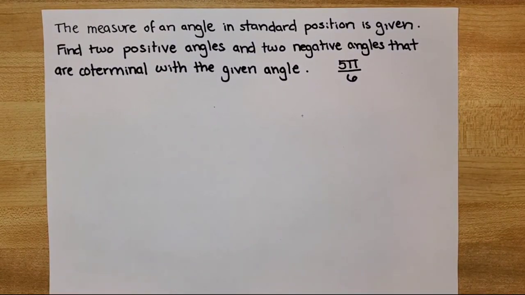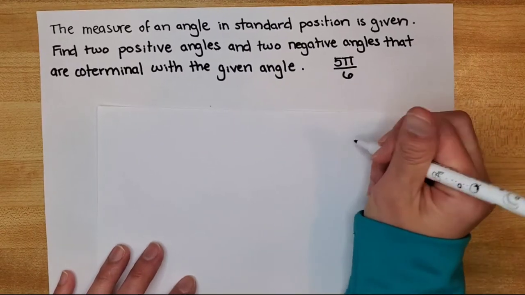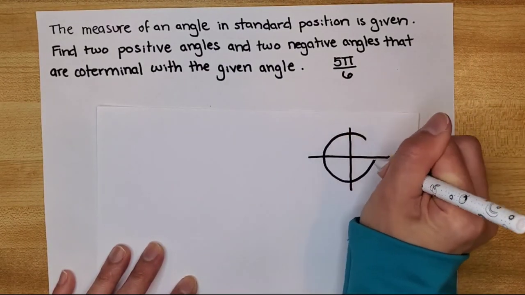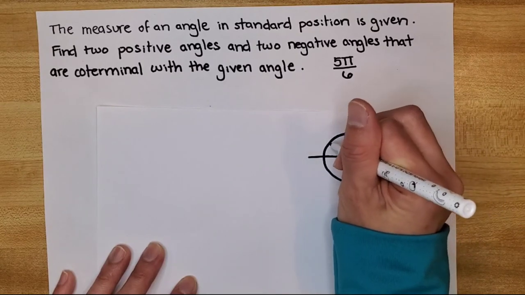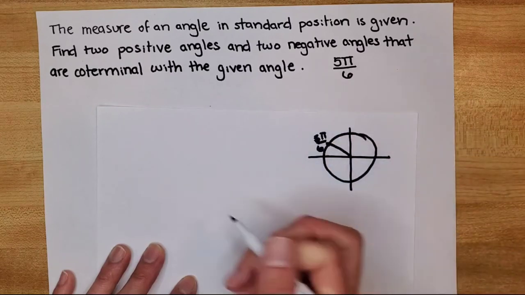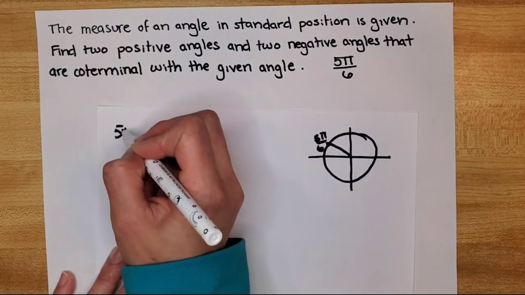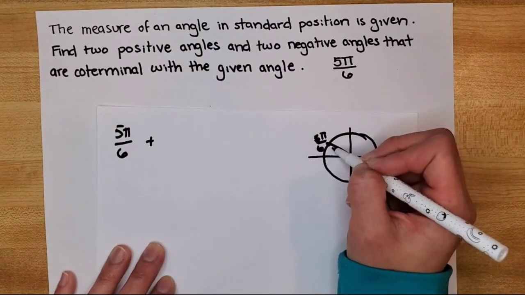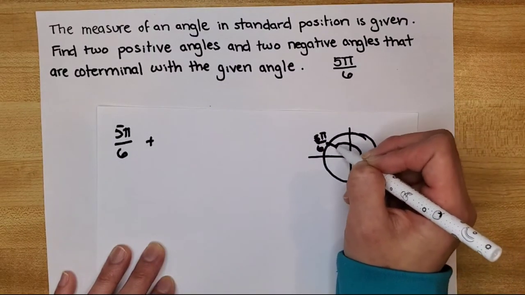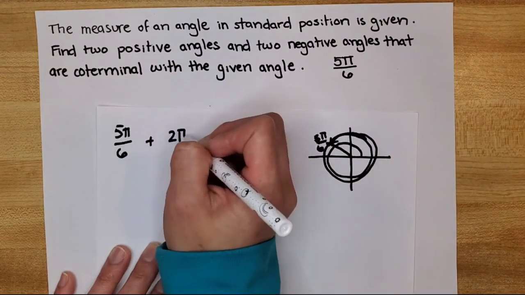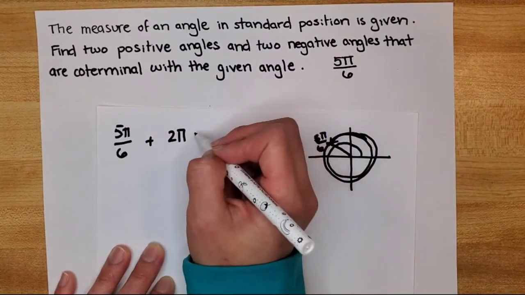Now, when I consider where 5 pi over 6 is on the unit circle, we can just quickly draw the unit circle right here. 5 pi over 6 is going to exist somewhere around here. Now, the easiest way to determine what is coterminal is to simply go one revolution around, which makes it 2 pi.